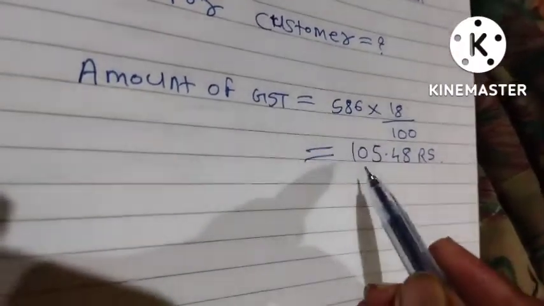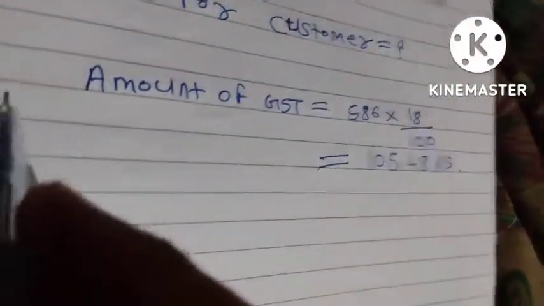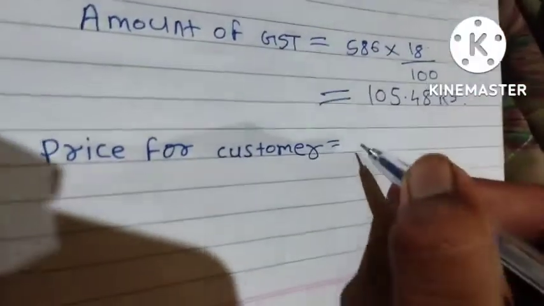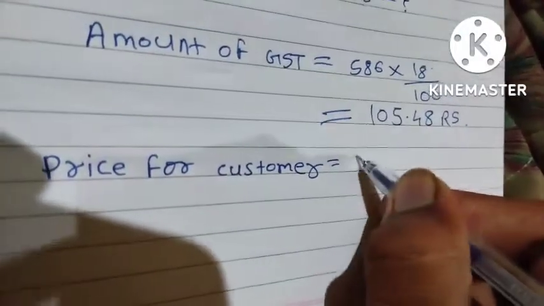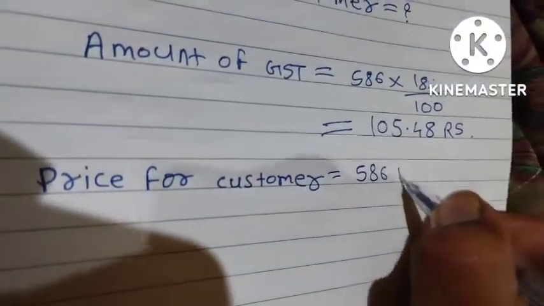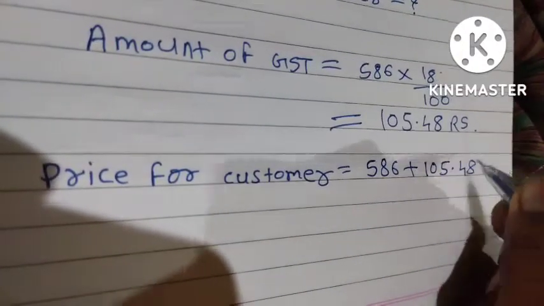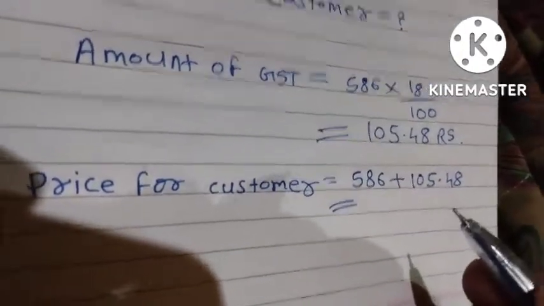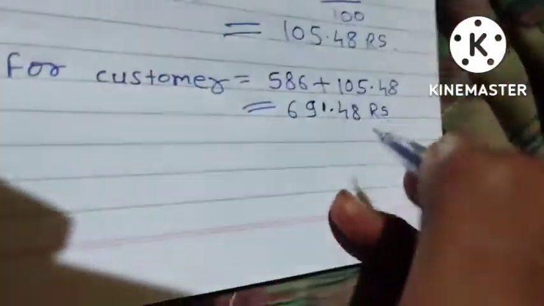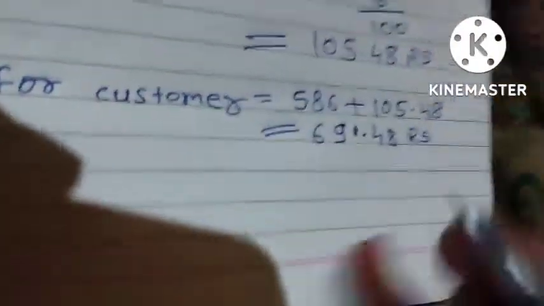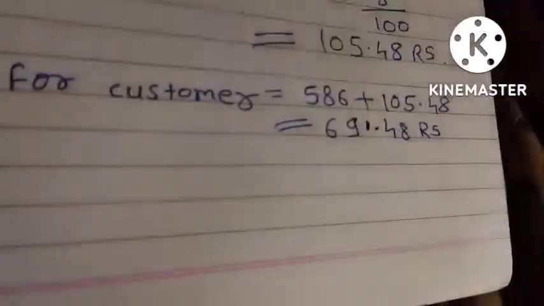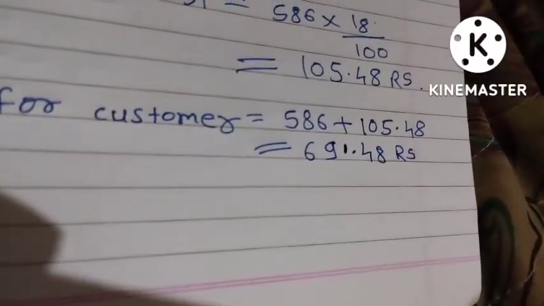Price for the customer is equal to taxable value 586 plus amount of GST 105.48 rupees, which is equal to 691.48 rupees. This will be the price for the customer. Let's move on to the next question.